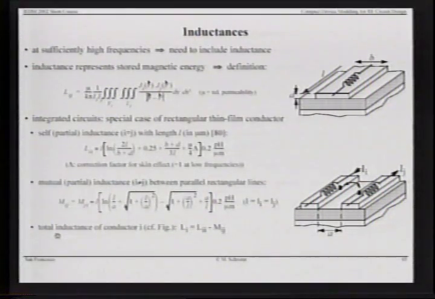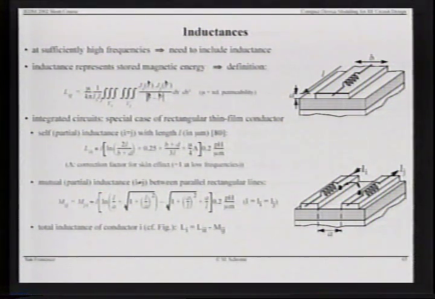the performance. And finally, the last slide for talking about parasitic effects, about inductances, just a little primer on inductances. The inductance itself represents the stored magnetic energy, if you recall that.